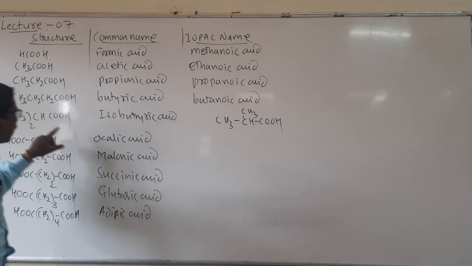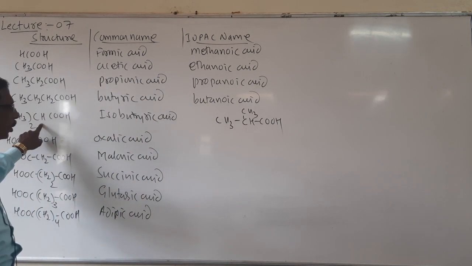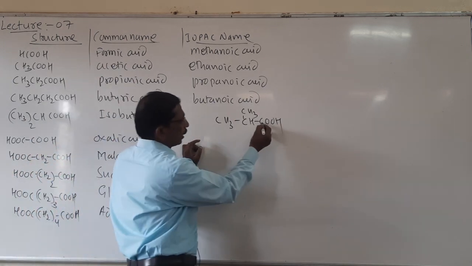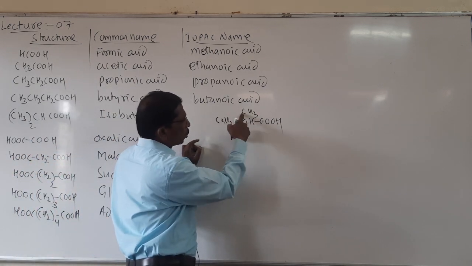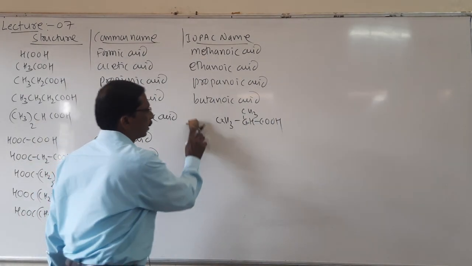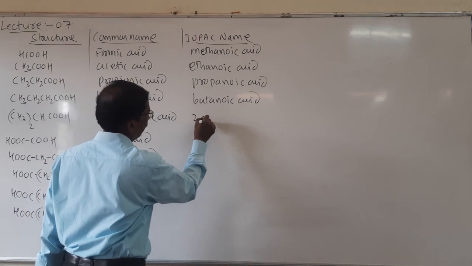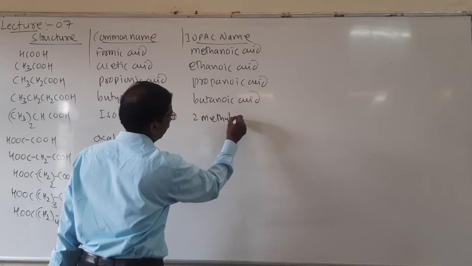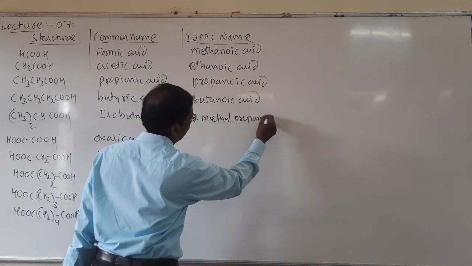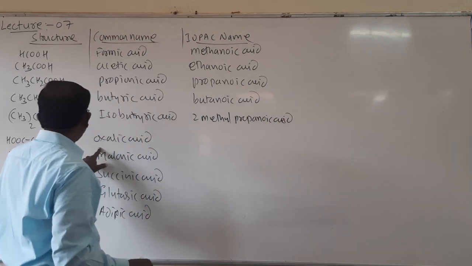Look here student, it is CH3 twice, CH, COOH, which means here it is 1, 2, 3, so 2-methyl propanoic acid. And here oxalic acid.